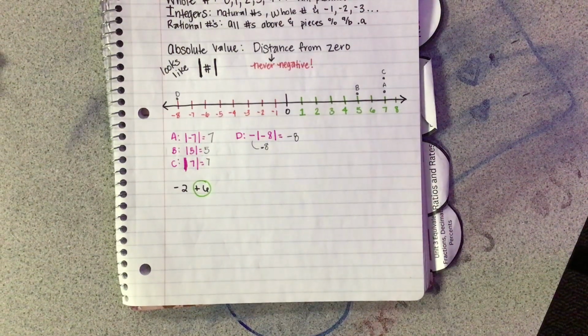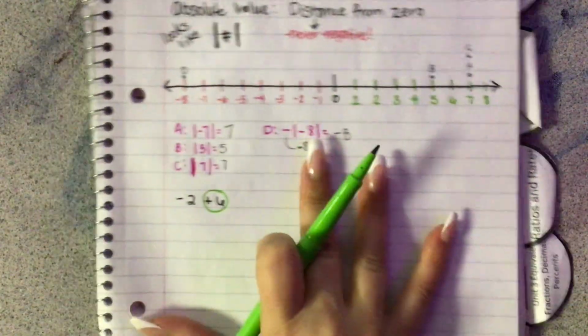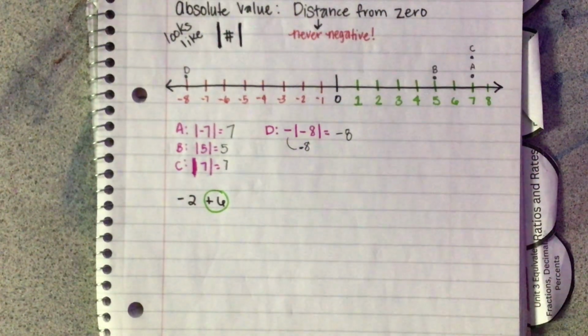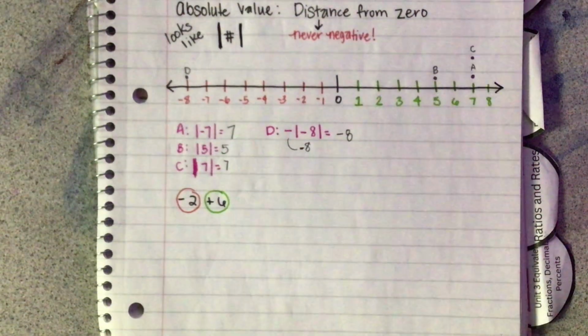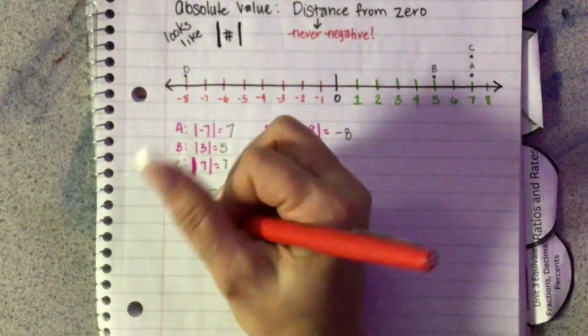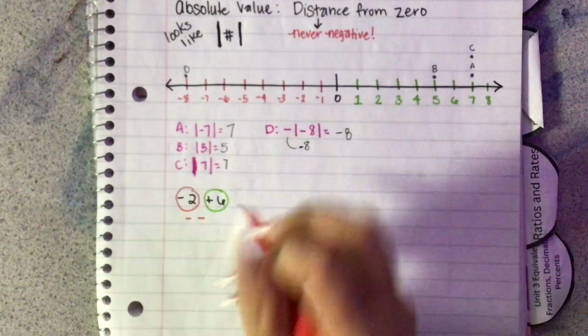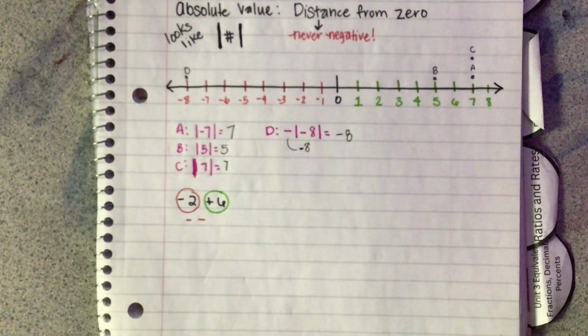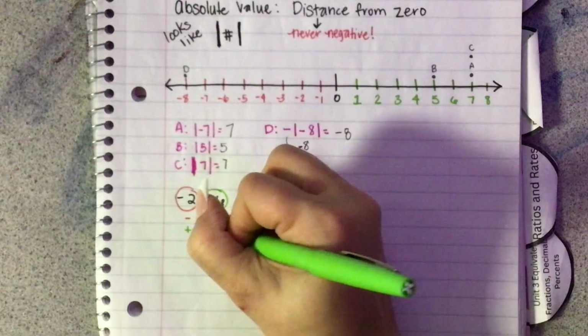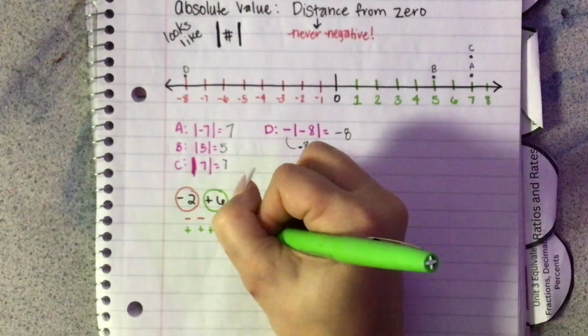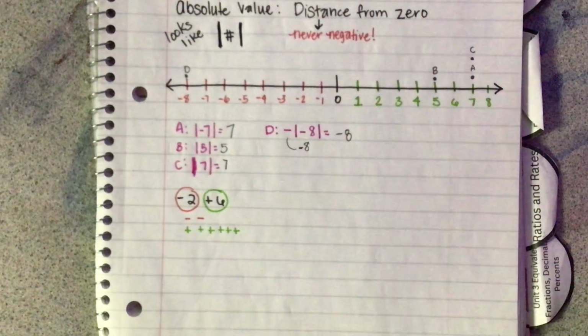So now write this down. Your sign tells you what kind of number you have. And in this case, I have 6 positives and 2 negatives. So what I can do is I can write a negative and a negative because I have 2. And I can write positive, positive, positive, positive, positive, positive, because I have 6 positives.